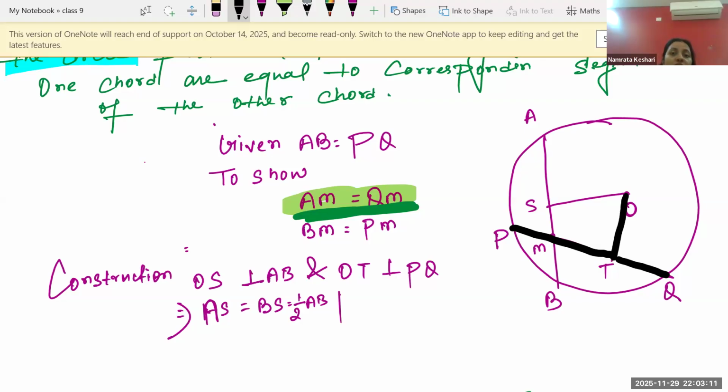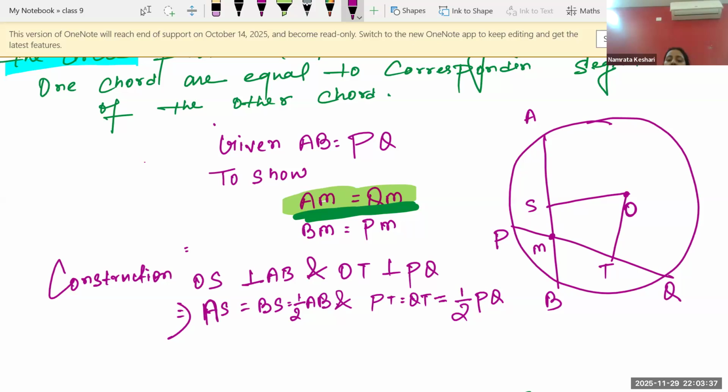Nobody will ask you why you are saying that, even though the figure is not showing it. PT and QT are equal. Clear so far?